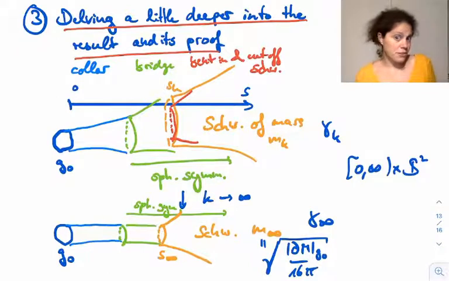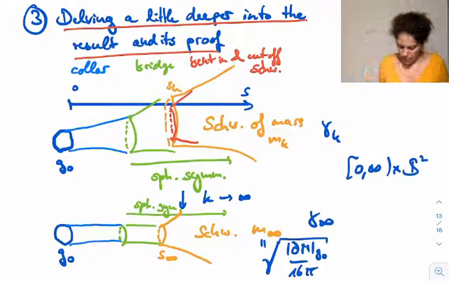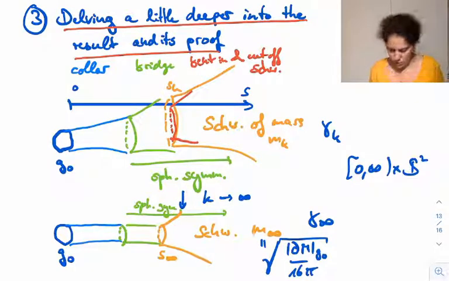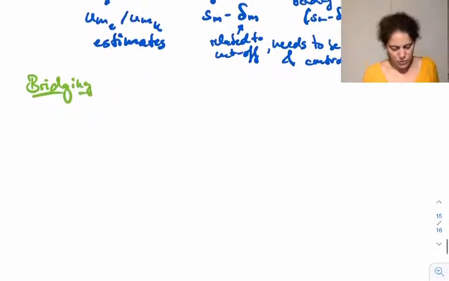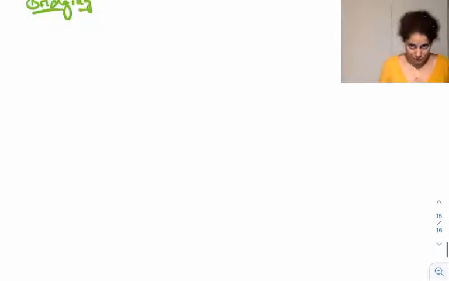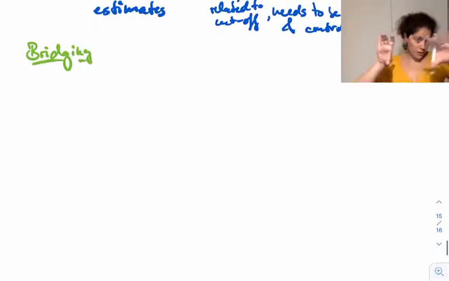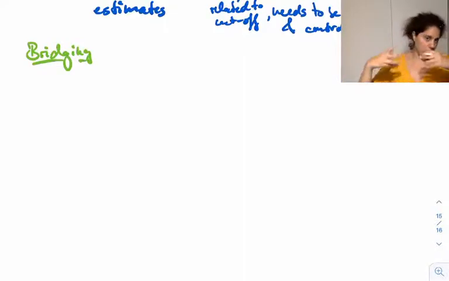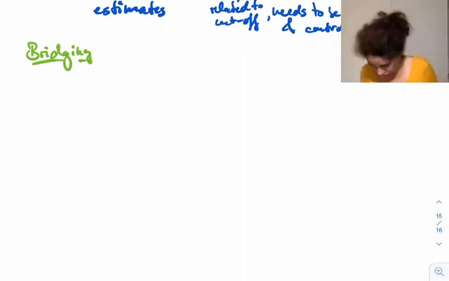So what remains to be discussed, and what is actually the most subtle part of both the procedure and the estimates, is the bridging part, the part in the middle joining these two with positive scalar curvature, which will also involve some modification. And there we need to do two things.